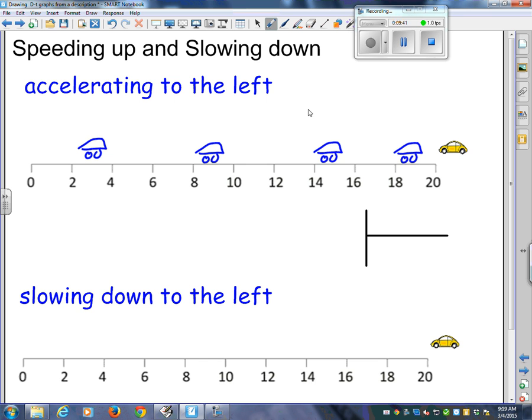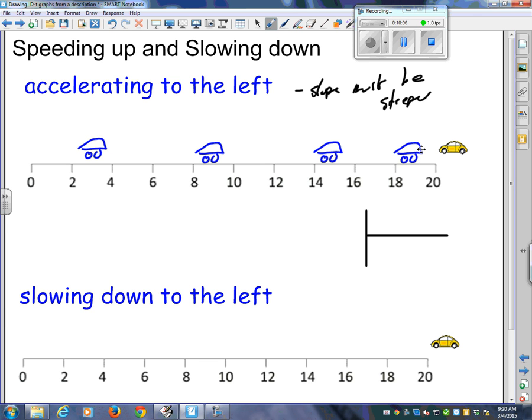What's the graph going to look like? Did you draw a graph? I hope you drew it in pencil. It's accelerating to the left, so that means the slope is going to be negative, and steeper. Is it to the right of the origin?